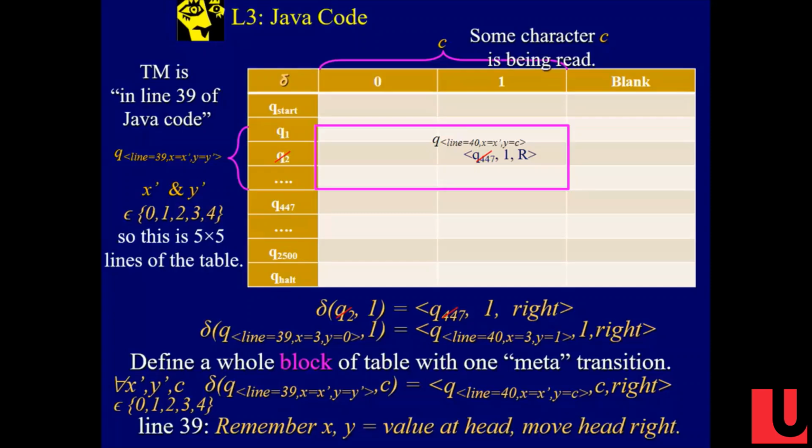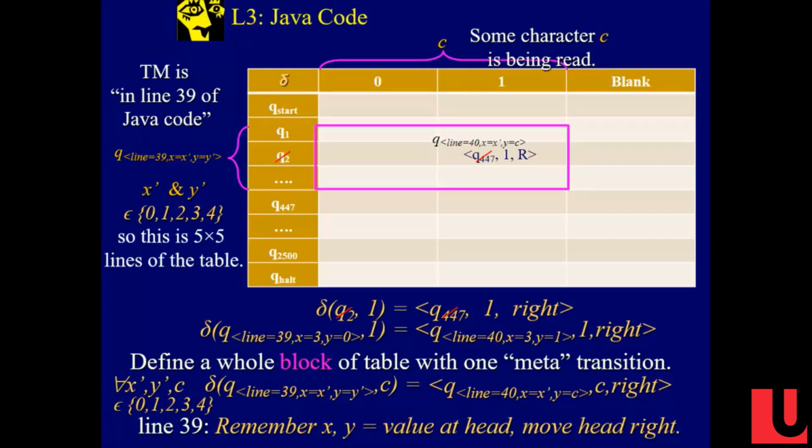I'm going to give you this. What does this say? It says, I'm in line 39. What you're going to do is remember the value of x, and the value of y is going to be whatever you're reading at the head, and you move the head right. That's the Java-like command that I'm going to give you. Everybody kind of follow that as a Java line?